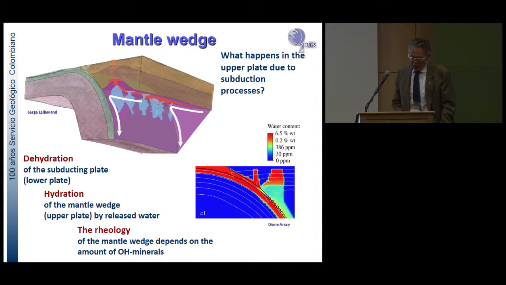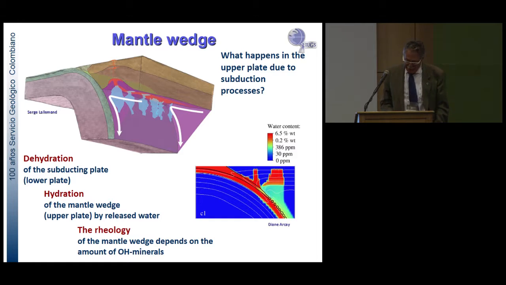Here is what other people were thinking about what is going on with the water, a model from Lallemand and a model from Diane Arcay. Of course, the downgoing slab is dehydrating, then we have a low density area above this, and the mantle as such is completely hydrated.